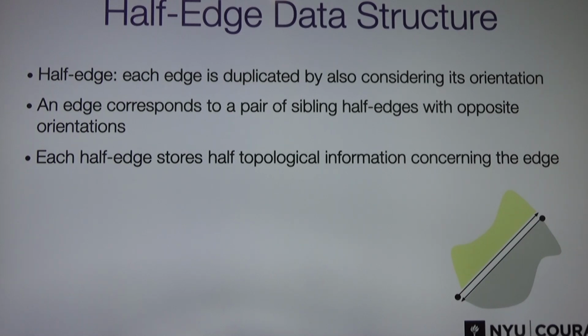This means we'll have to duplicate each edge, but then after we duplicate it, we orient the first half edge in direction A and the other half edge in the opposite direction. So this would store half the topological information concerning the edge and also help us orient the triangles consistently.